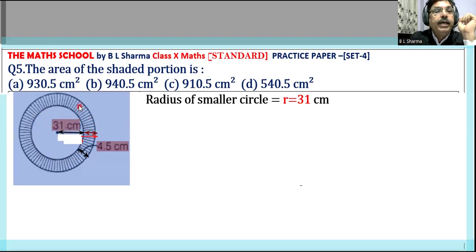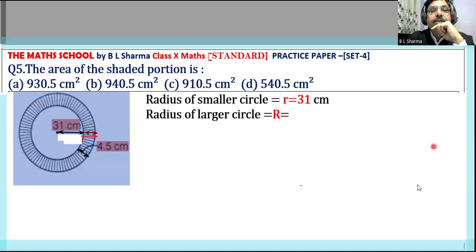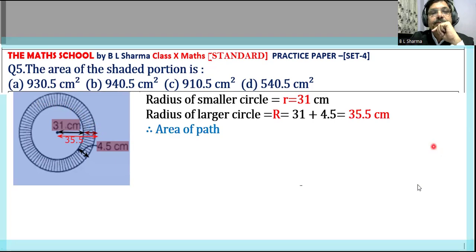Then we have to find out the area of this shaded region. The radius of the larger circle is 31 plus 4.5, that is 35.5 centimeter.